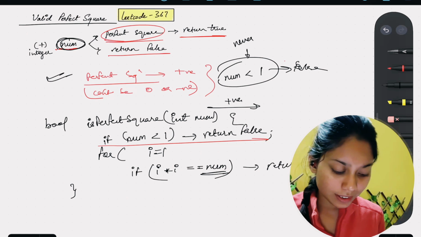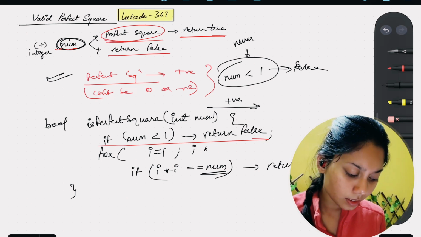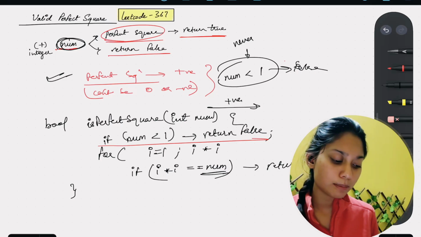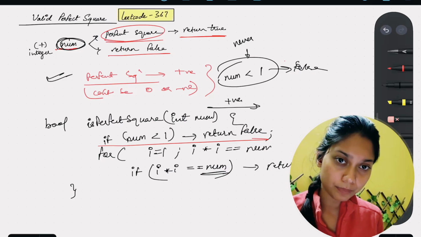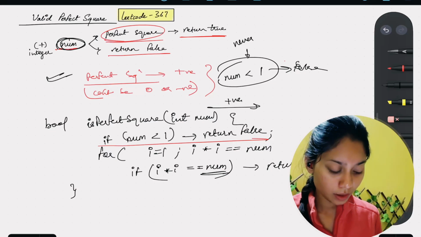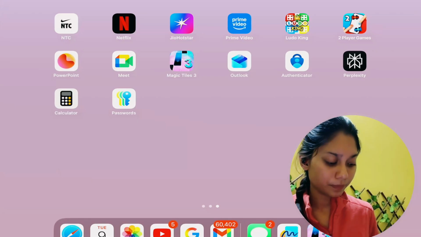It starts from 1 and goes up to where the multiplication leads to num.